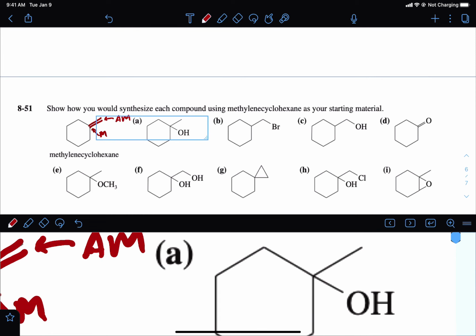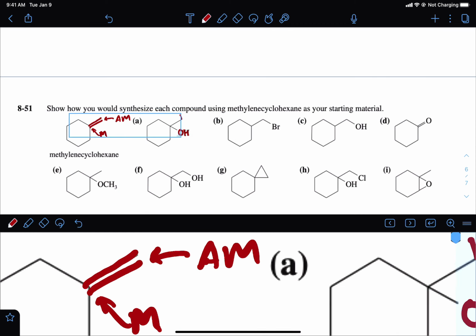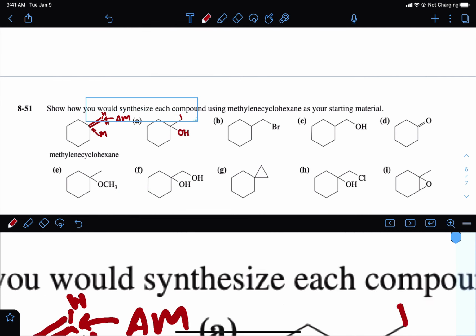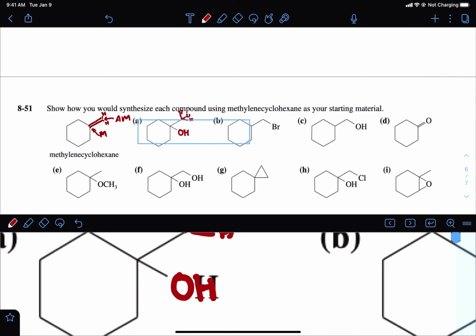We're adding an OH to the more substituted side, and then an H. Remember, there are 2 H's here to begin with. We're adding a third H here. So the H goes on the carbon with the most H's. That's Markovnikov's rule, right? The OH ends up at the position where we'd expect for Markovnikov.